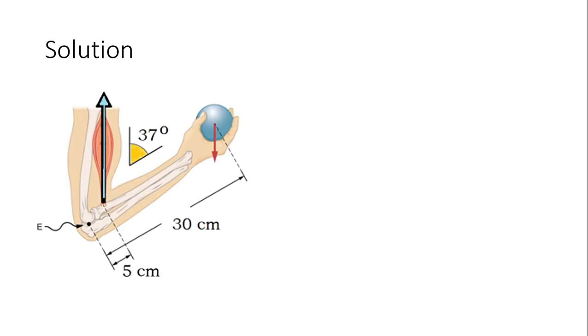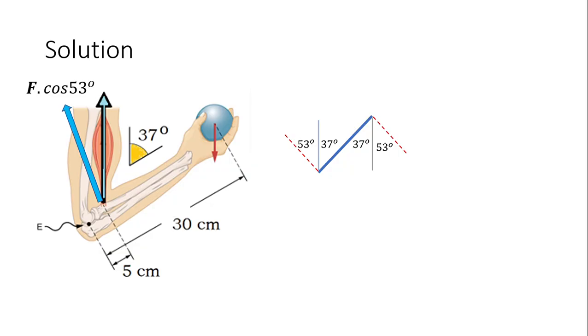Okay, the solution. First of all, this is 37 degrees and this is also 37 degrees. A little bit perpendicular here, a little bit perpendicular here. So the angle will be 53 degrees. That's why we project F here to become F cosine 53 and the weight here 30 cosine 53.